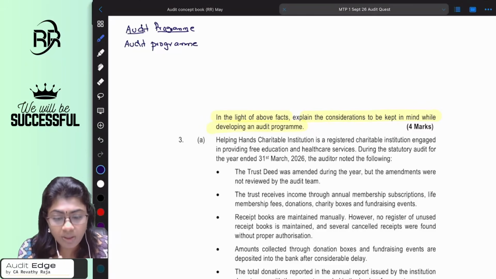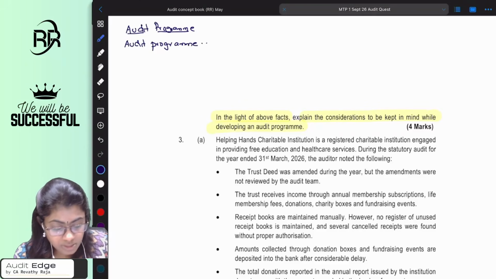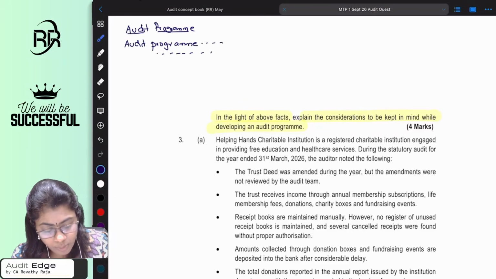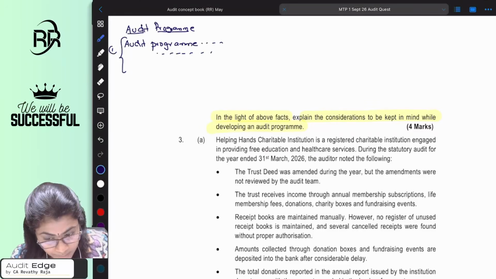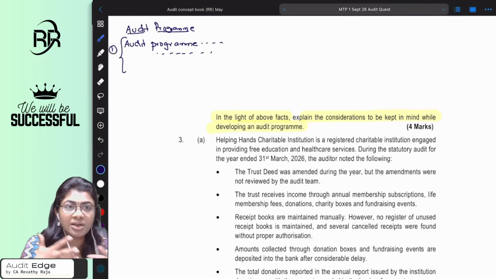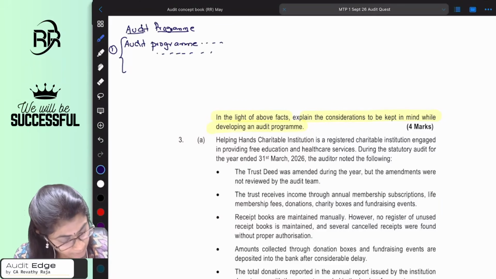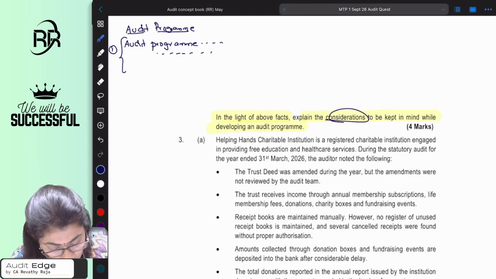It's a detailed audit plan so that assistants can perform the audit. Regarding the audit program, you can write one full para. This program is necessary so that they can take the necessary steps. Then in the second part, considerations.